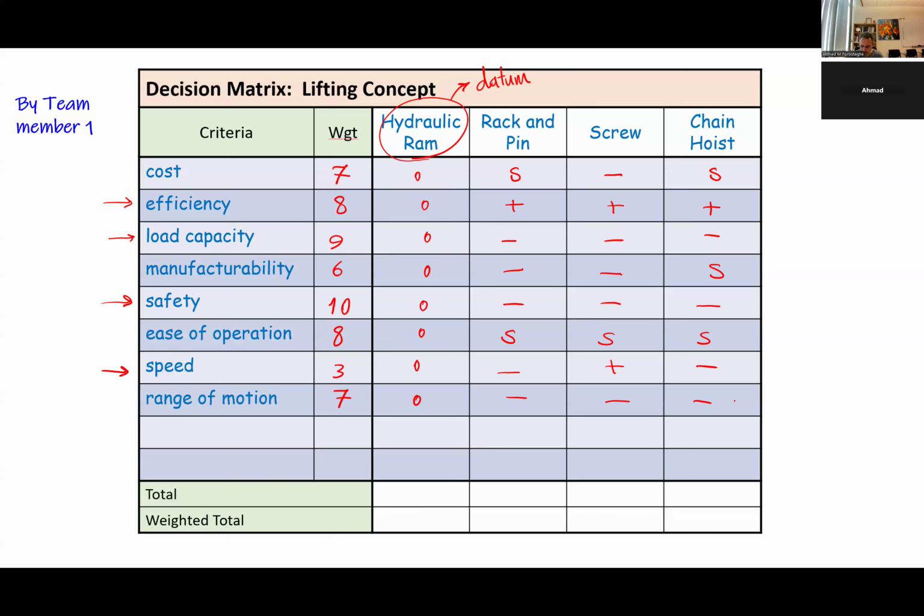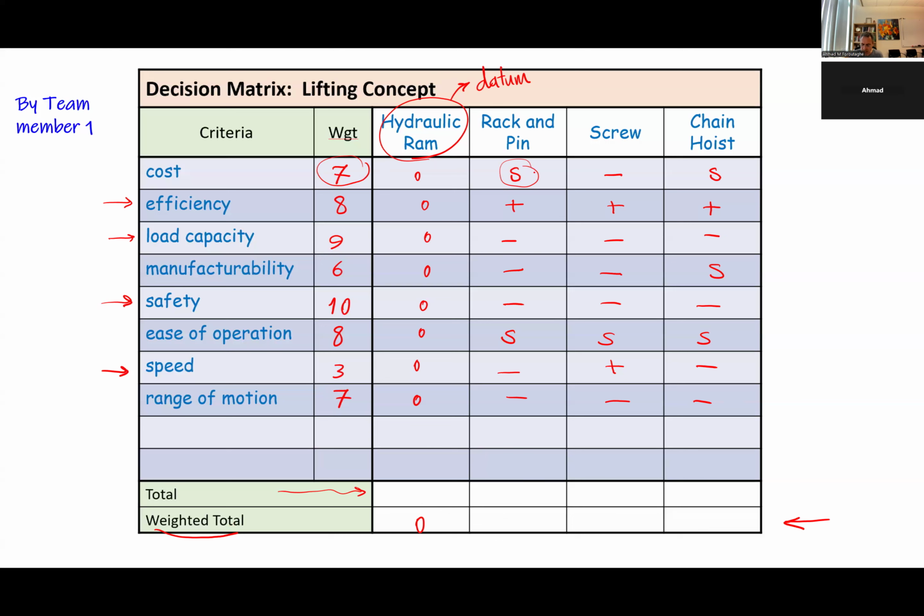Now we need to do some math. We multiply each of these by the weight and we add them. Of course, this one is going to be 0. So you can have the total as well if you want, but we are going to just focus on the last column, the weighted total. But you can have that as a comparison. So this is going to be 0.